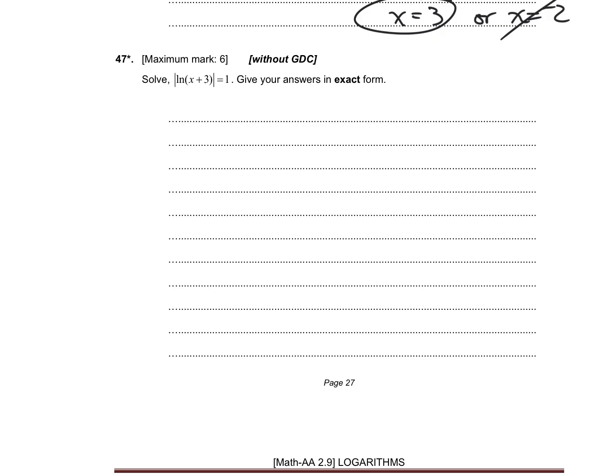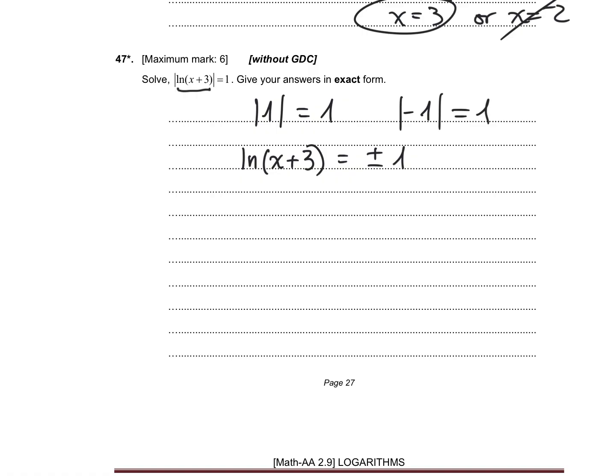For this one, we've got the absolute value of the natural log of x plus 3 is 1. So I know we haven't gone through this exactly, but if the absolute value of something is 1, then we know what's inside of here is either plus or minus 1, because the absolute value of +1 is 1 and the absolute value of -1 is 1. All right? So that means the natural log of x plus 3 equals plus or minus 1.